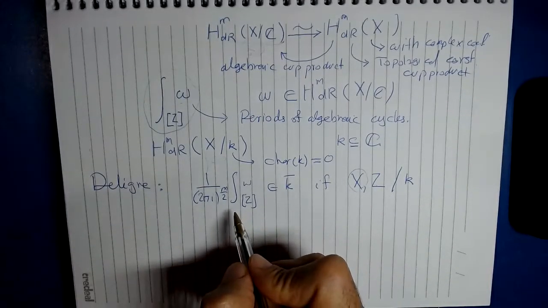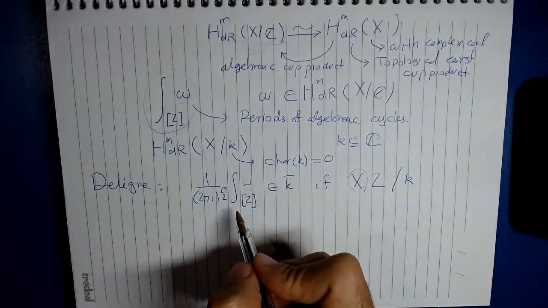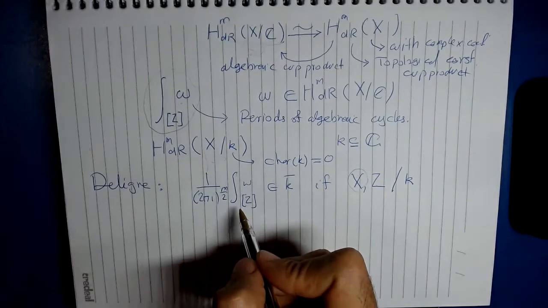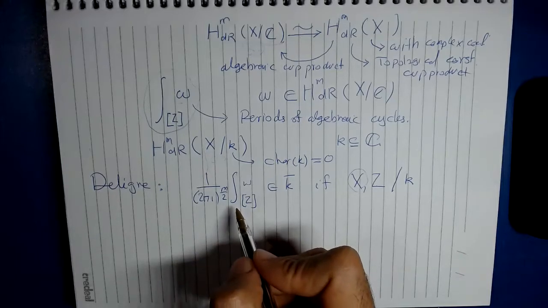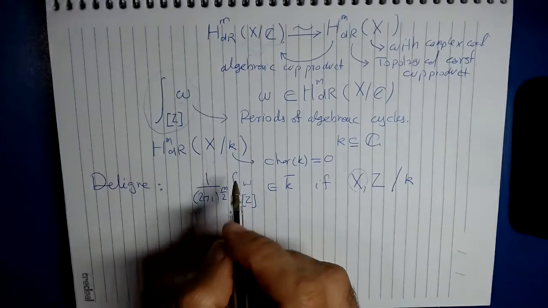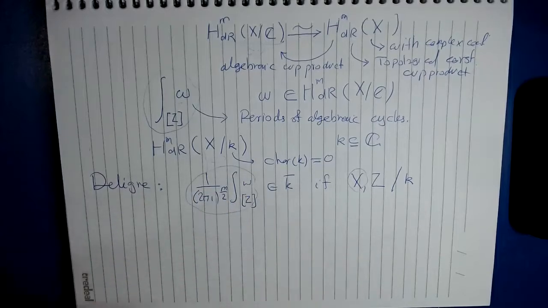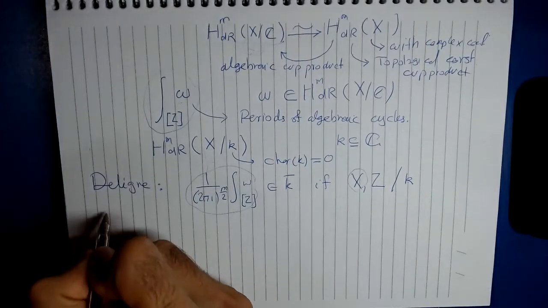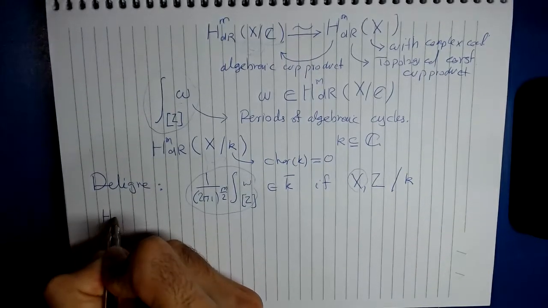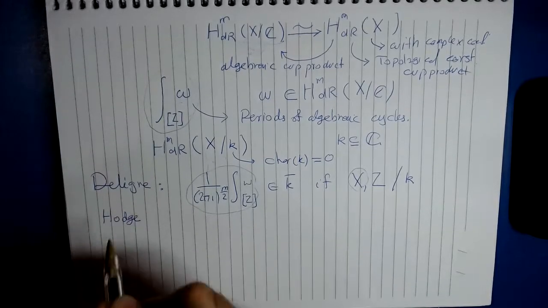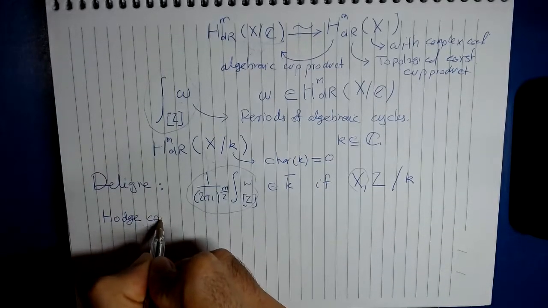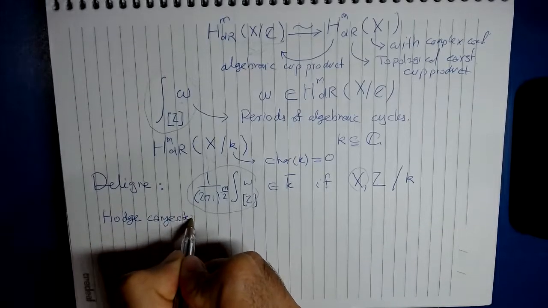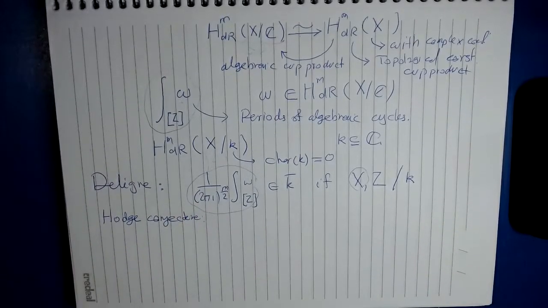So one of our goals in the course is to describe all the applications of these numbers in algebraic geometry. For example, using these numbers, we can state something called the Hodge conjecture. So what is this?